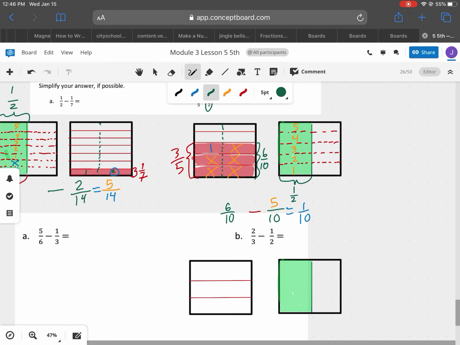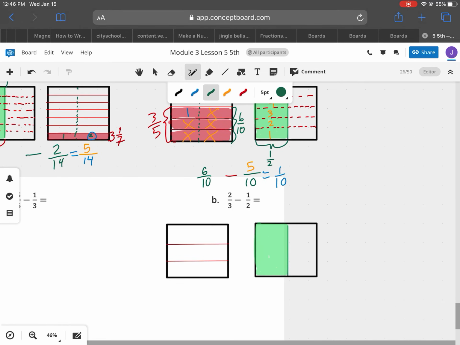Let's do another example over here. I have 2/3. So how many sections do I have to color in on this red one, the red lines? That's right, 2 sections. So that represents my 2/3. And over here we have our half again.